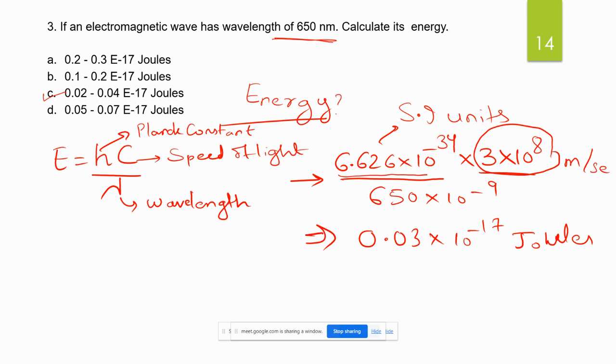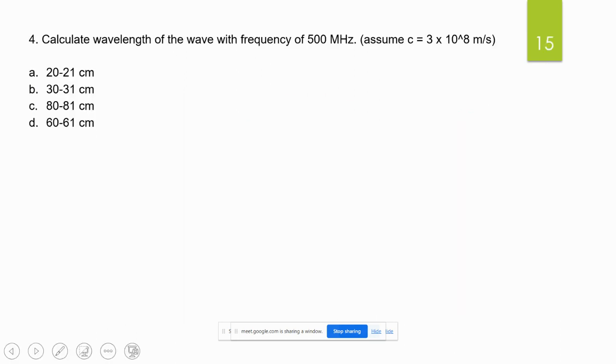Okay, so now we will go for next question. So question is calculate wavelength of the wave with frequency of 500 megahertz. Assume c equal to 3 into 10 to the power 8 meter per second. So this also you would have read in week 1. So you try to solve it. Take 2 minutes for it.